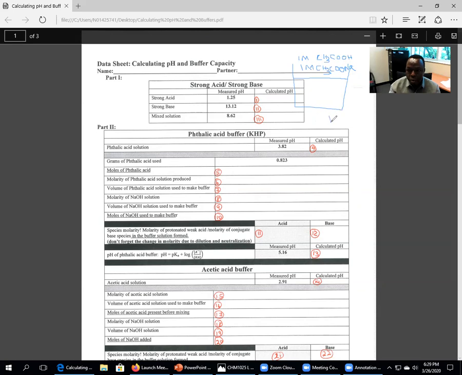So what happens when you add a strong acid, for example, HCl? You add it into this solution right here. This is an acid and it will be neutralized by the conjugate base in the solution, and there will be no change in pH of this buffer solution.